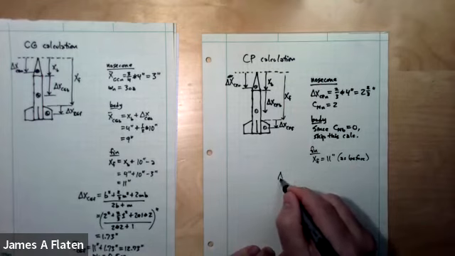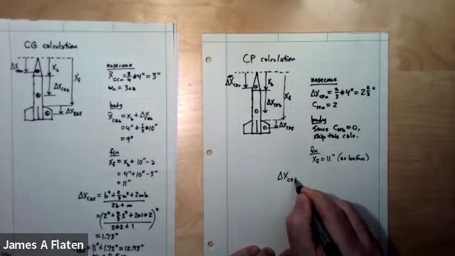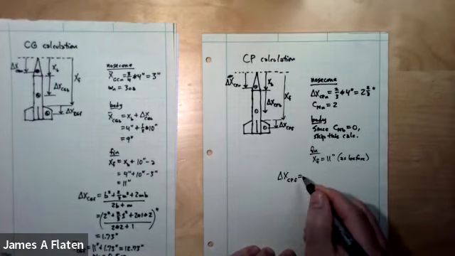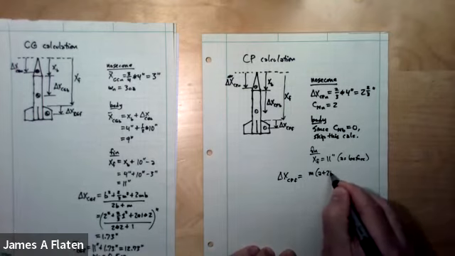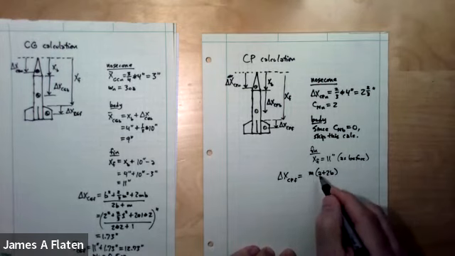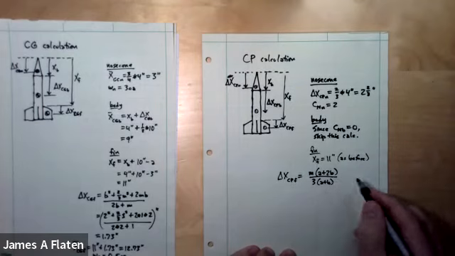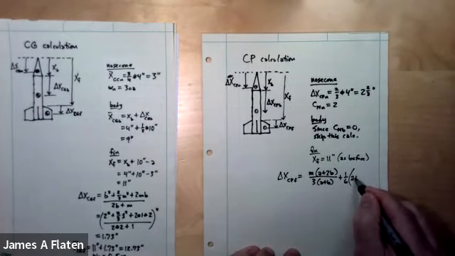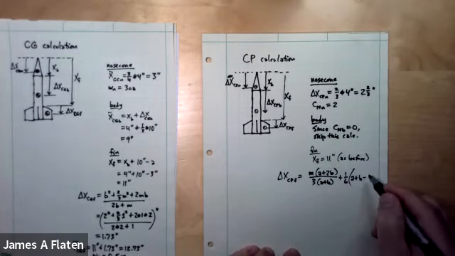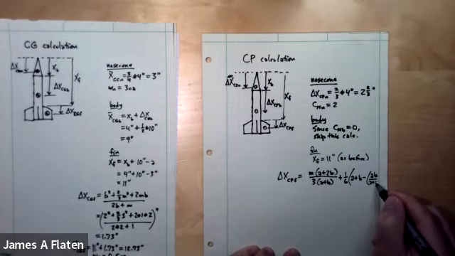Delta X CP for a fin is equal to M times (A plus 2B) over 3 times (A plus B), plus 1/6 times (A plus B minus A times B over A plus B).